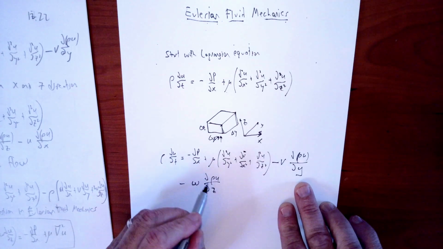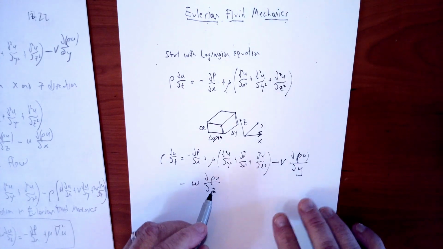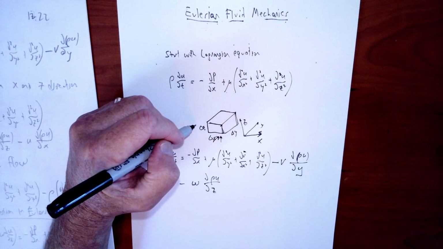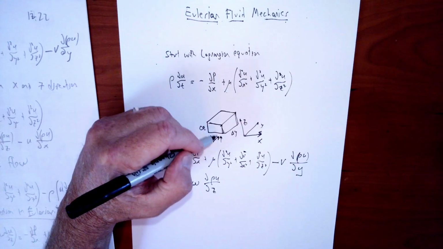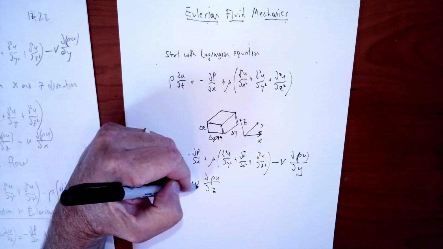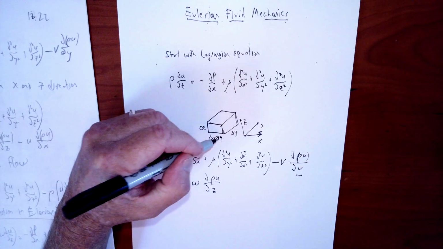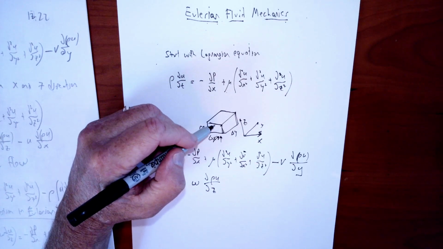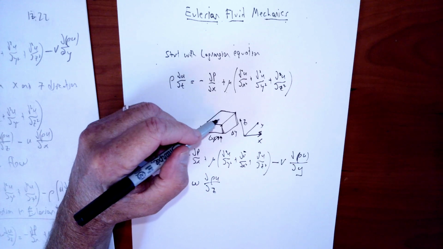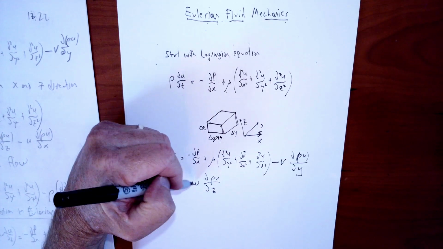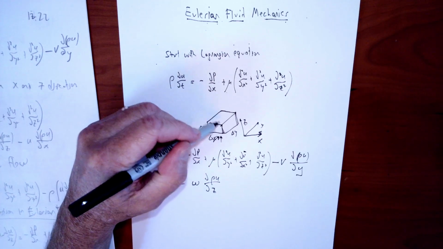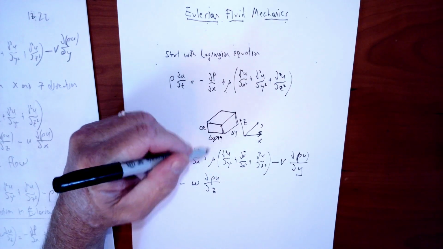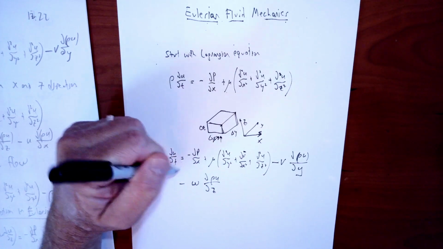But in this case, if u is faster in our block than it is in the block behind us in z, or below us in z, then if we bring fluid in from below, that's going to slow us down. Similarly, if u is faster above ours and w is negative, that's going to bring faster fluid in. So if du/dz is positive but w is negative, that's going to bring faster fluid in. So that's going to cause du/dt to go up.